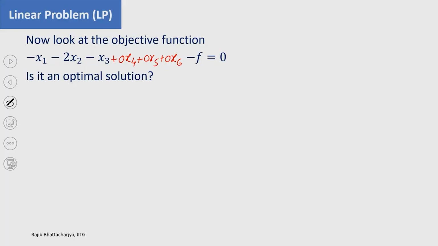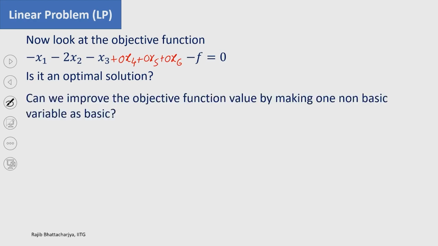That means if I make one of them a basic variable, my objective function will reduce. Since the coefficients of all three are negative, the objective function will reduce. So, the question was, can we improve the objective function value by making one non-basic variable basic?